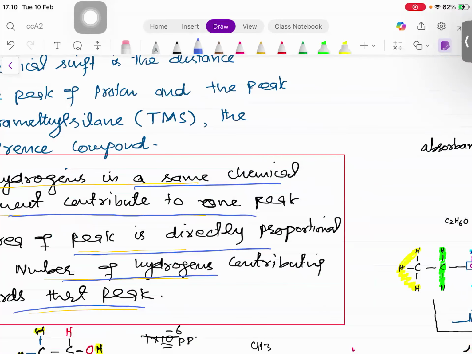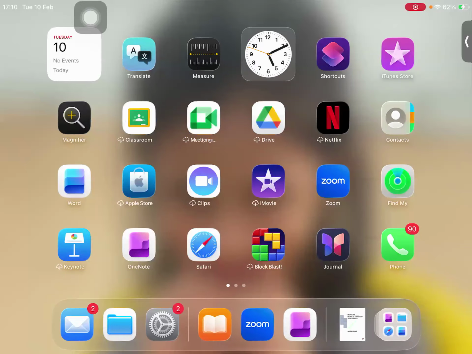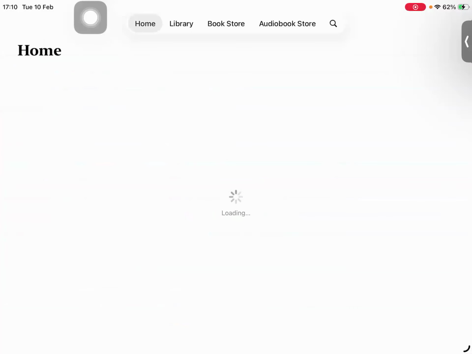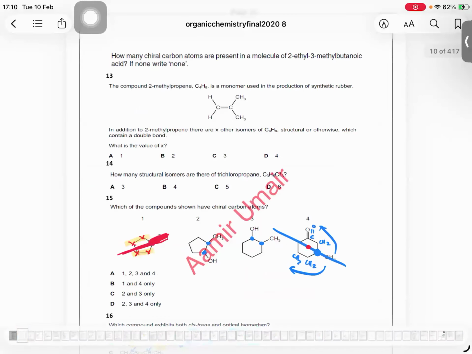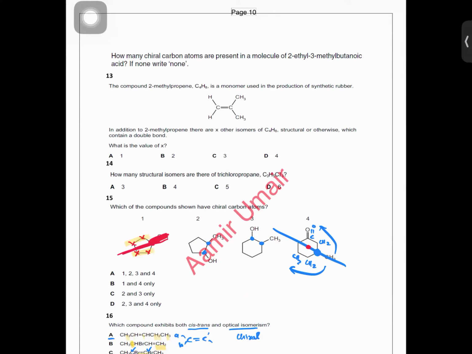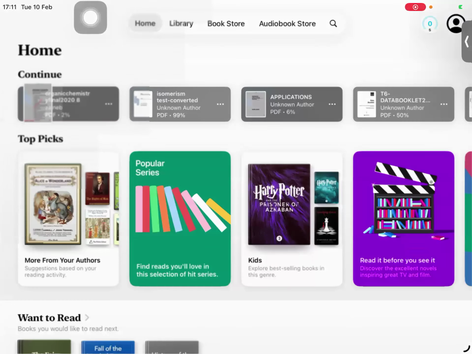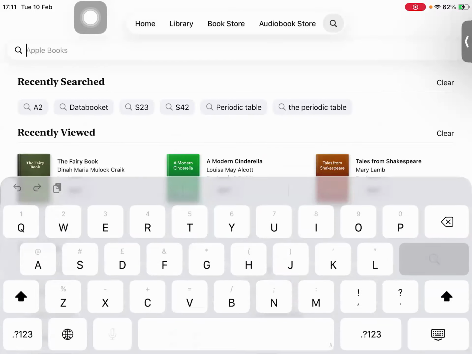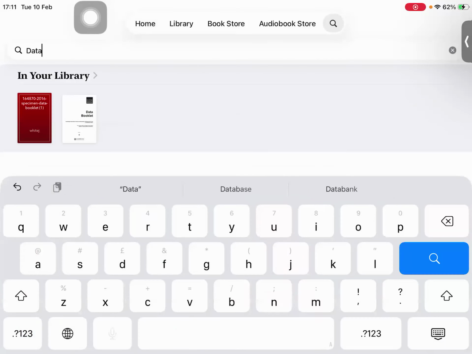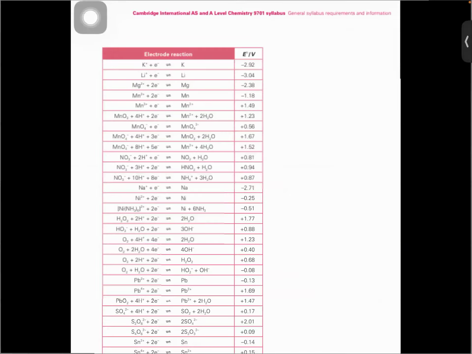So, chemical shift value you understood? Okay, now let me show you. What we did, we have all the data as I was telling you. Look at this.